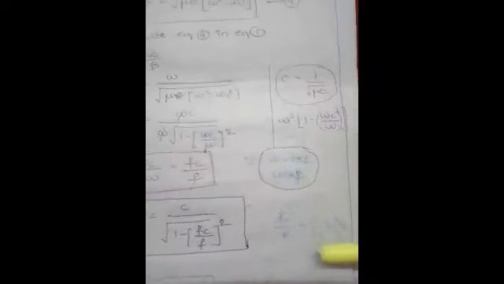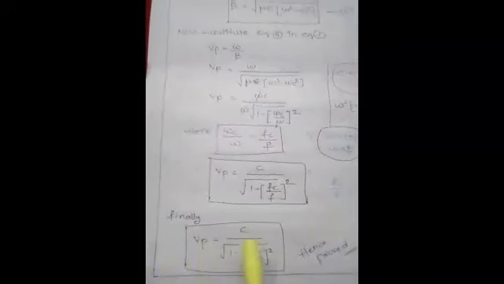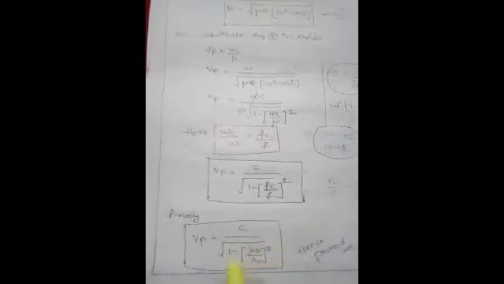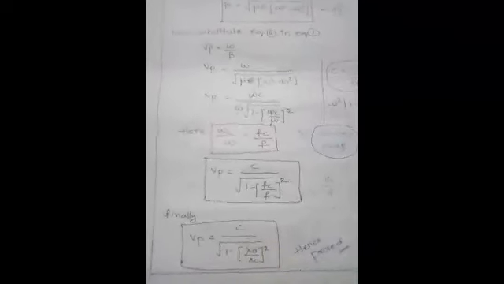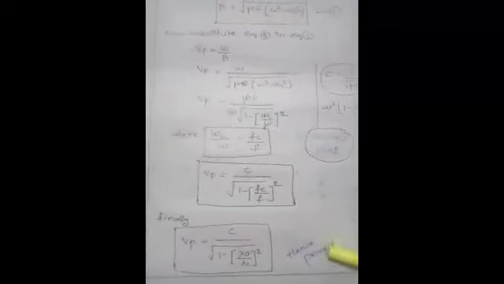And finally, fc equals c by lambda c and f equals c by lambda naught. When we cross multiply them, it gives lambda naught by lambda c. We simply replaced it here, and finally the phase velocity becomes c by root over 1 minus lambda naught by lambda c whole square, which we wrote in the first definition, hence proved.